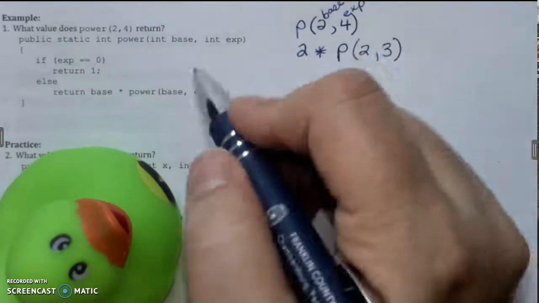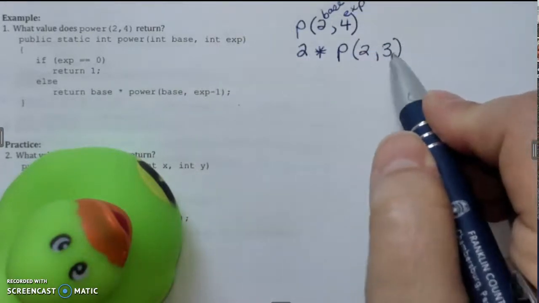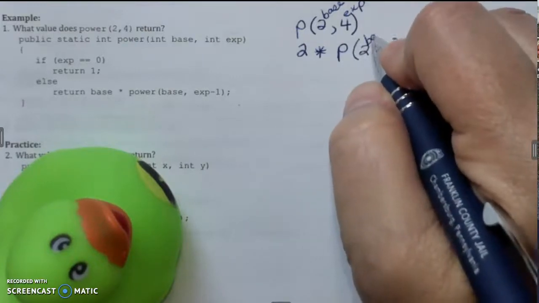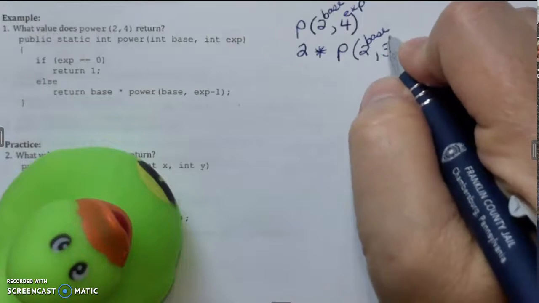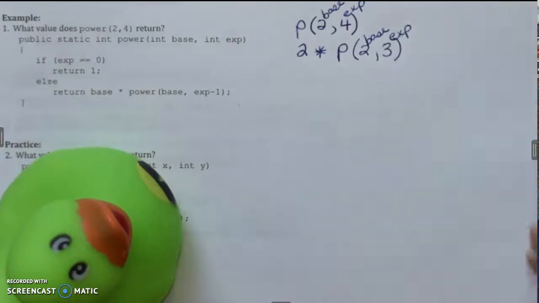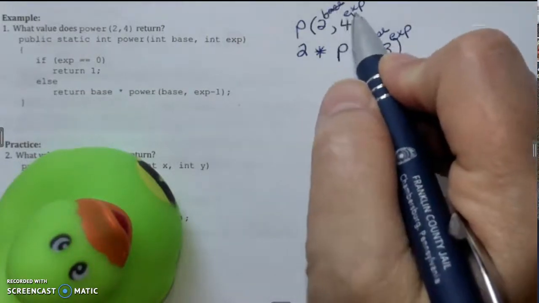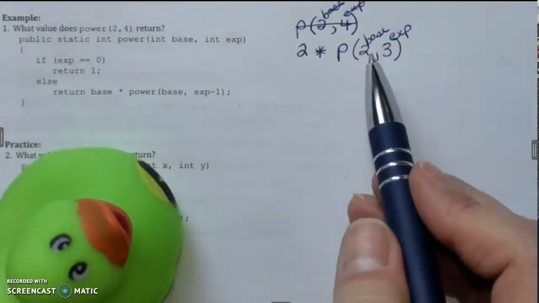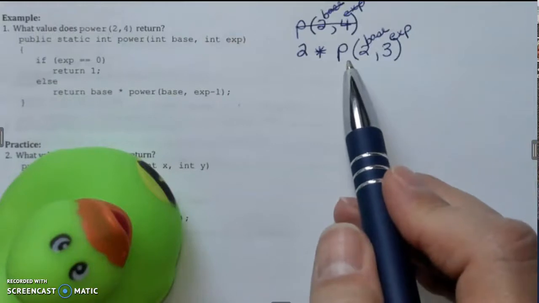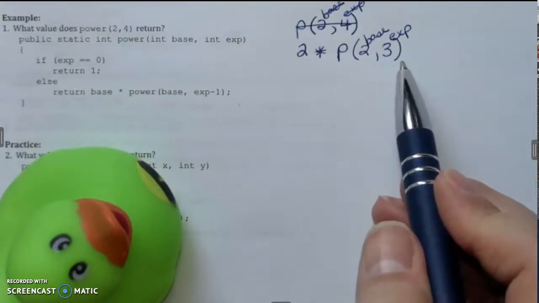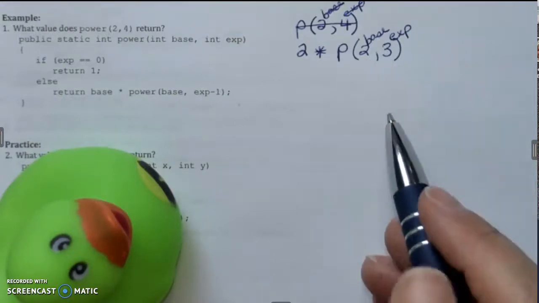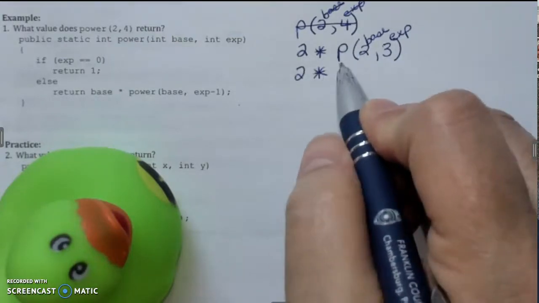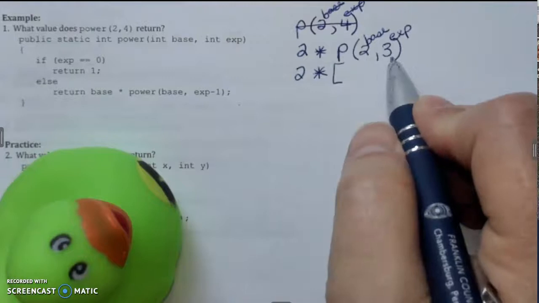Now I'm going to do this method call, where the base is 2 still, but exp is now 3. So these values are gone. I have completed that, so to speak. Now I want to figure out what a call to this method with 2 comma 3 is. I'm still going to have this 2 times, and I need to figure out what this piece is.